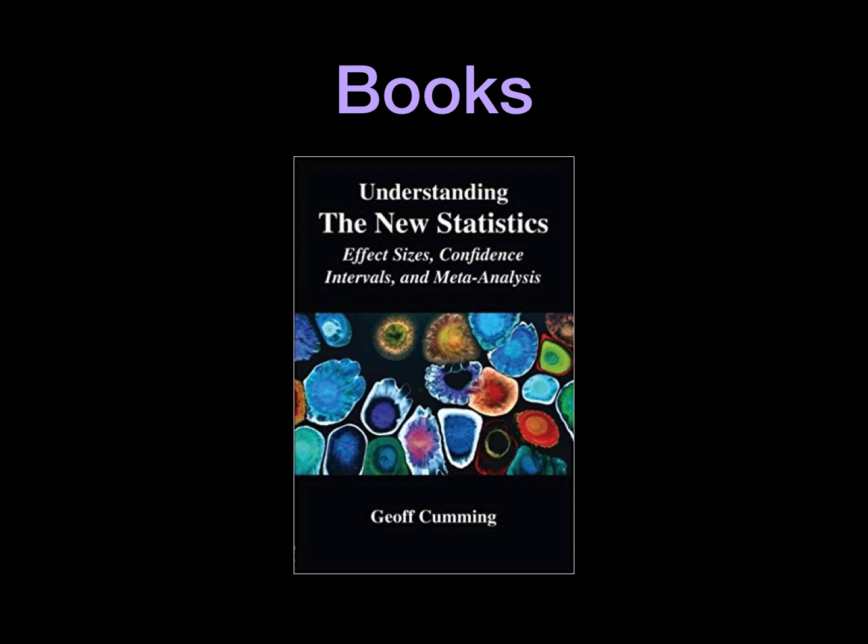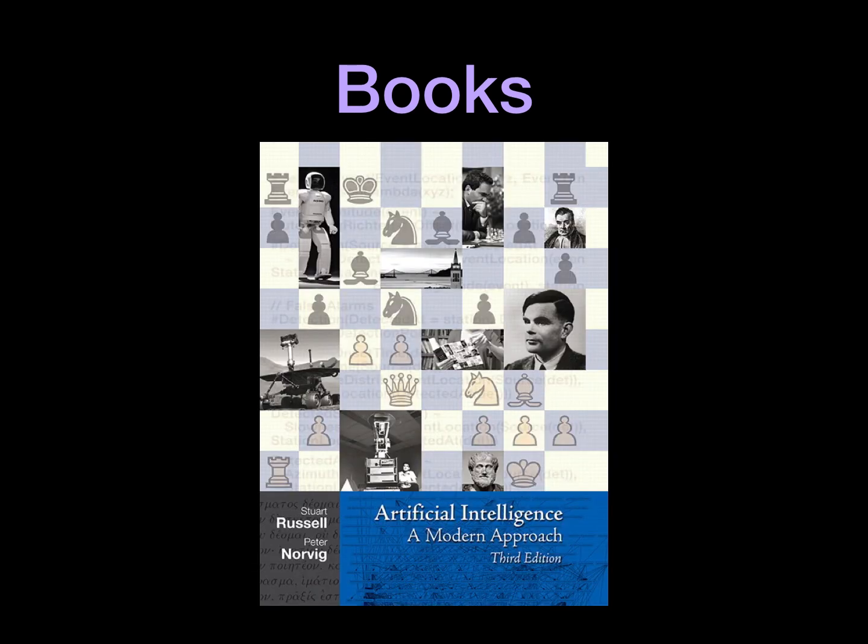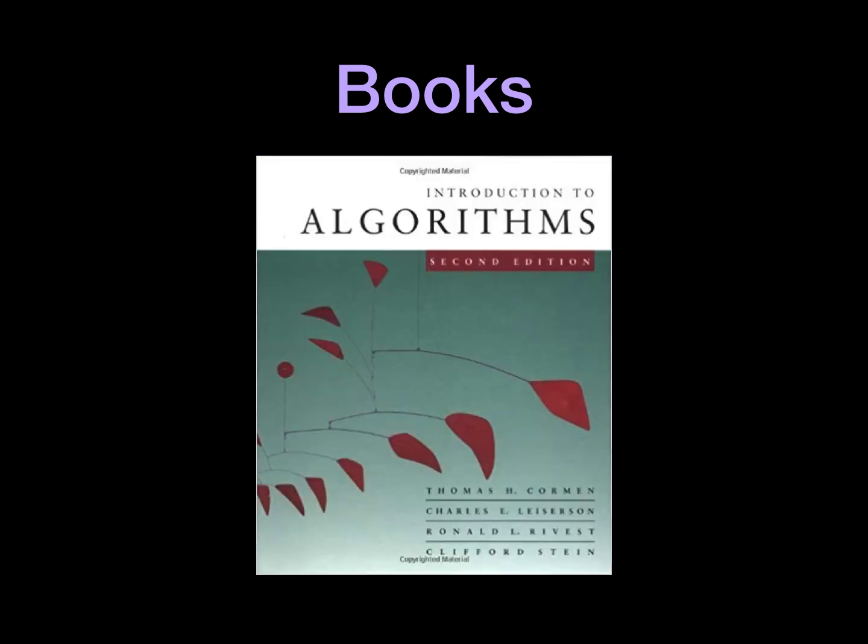If you want a broader view of artificial intelligence, a good book to have as a supplement to everything that we have discussed thus far is this book on artificial intelligence, A Modern Approach. Another book that you may want to have accessible is Algorithms, because we will be referring to some of the algorithms that are described in this book.